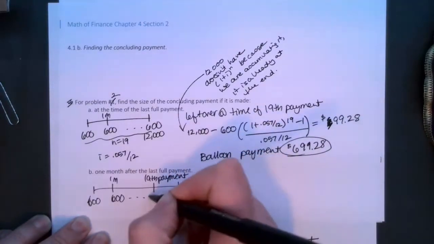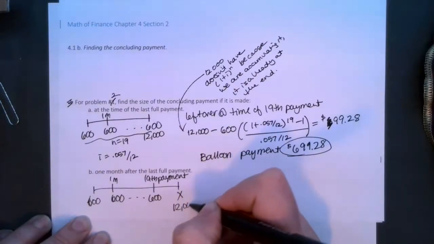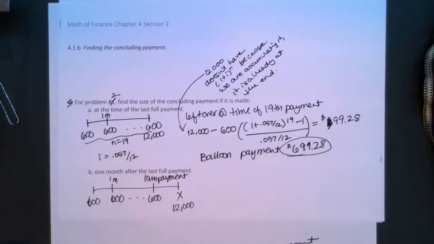Your 19th payment is $600. You're trying to find this X, but again, we're still trying to accumulate that 12 grand. So it's not going to have that extra piece because again, that 12,000 is already at the end.